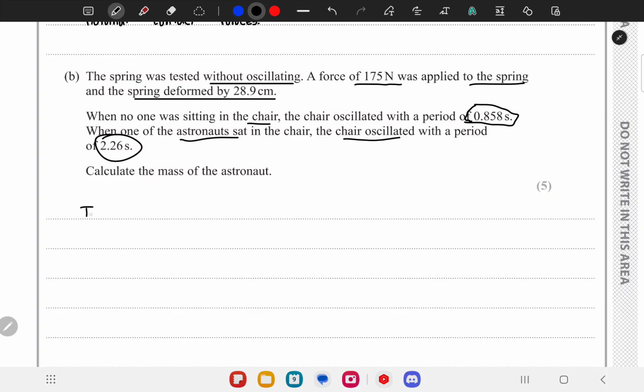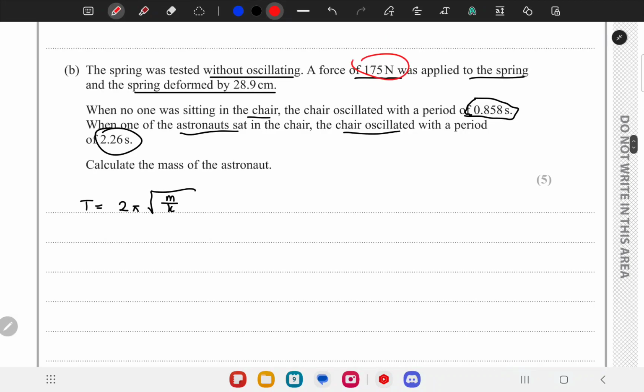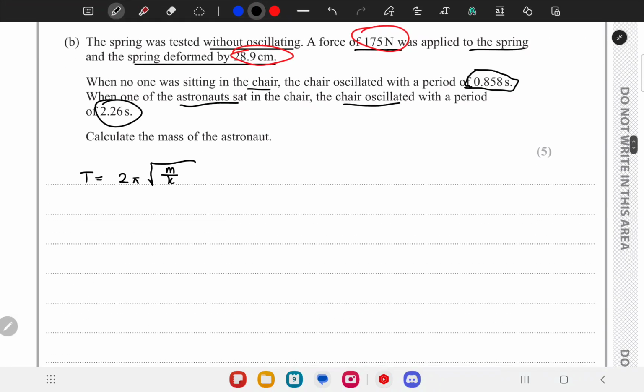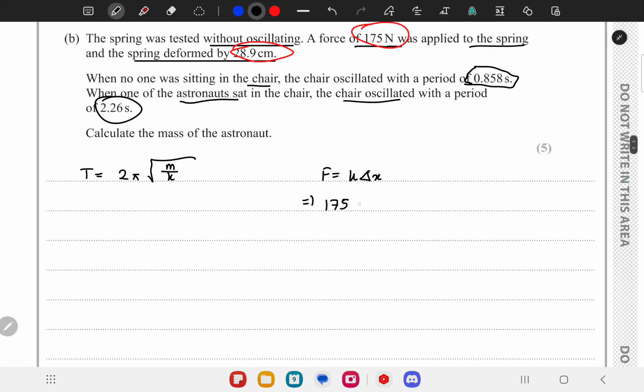We know that the time period is equal to 2π√(m/k). Using the details over here, the force and deformation, we can find the stiffness constant. So F equals kΔx. The force is 175 newtons.